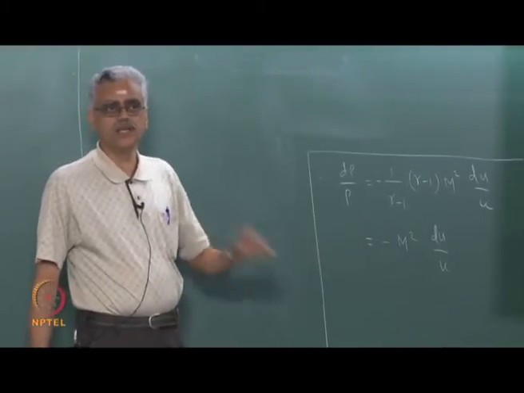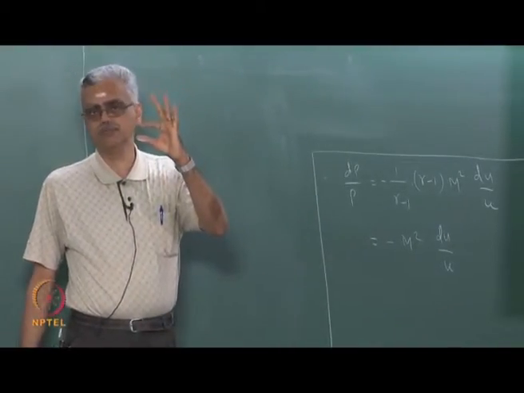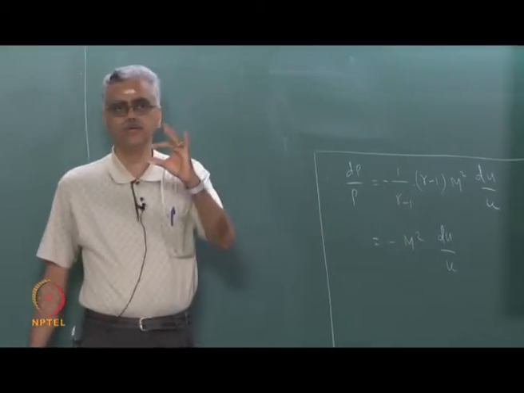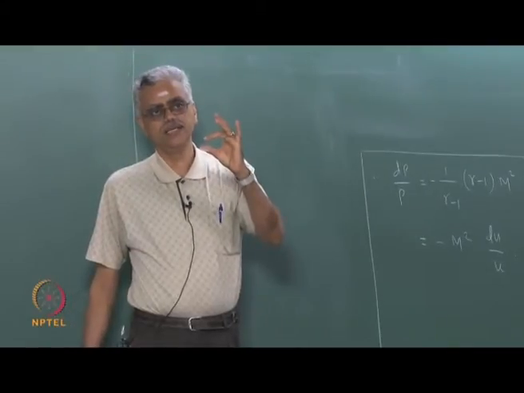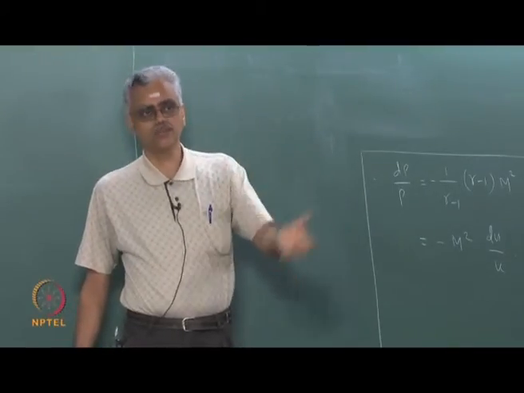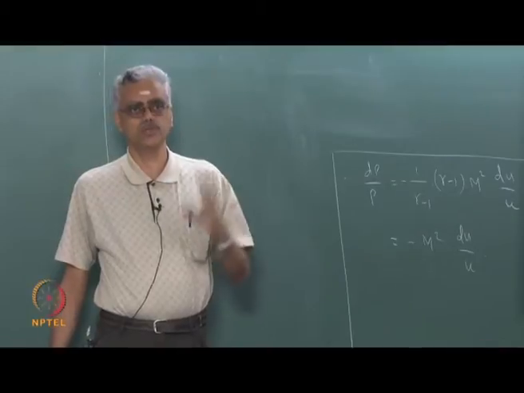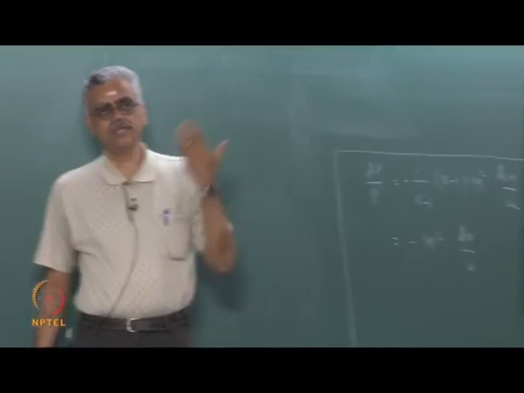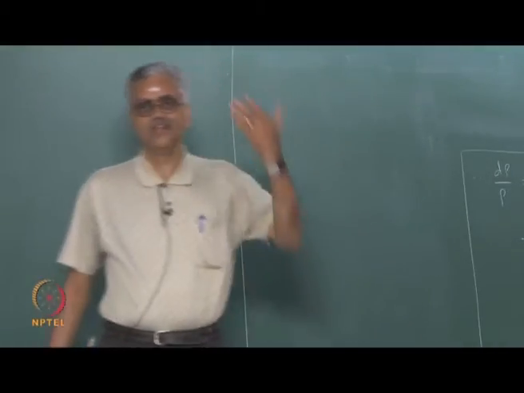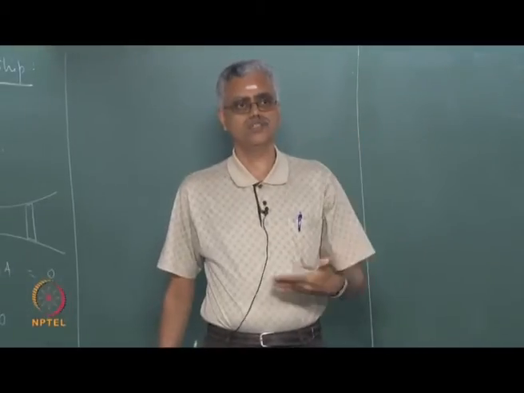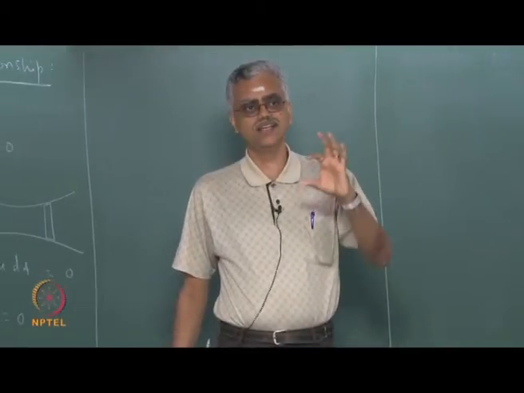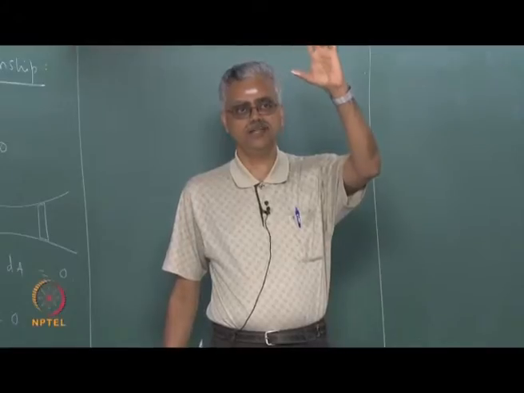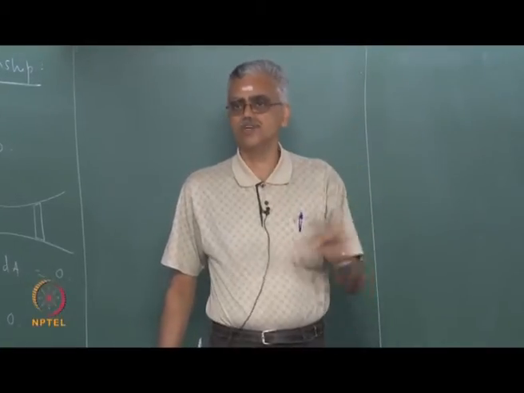What this tells me is that for the same change in velocity, for the same value of du, the change in density is less in the case of subsonic flow and more in the case of supersonic flow. And if you remember in our very first lecture, when we drew lines of v equal to constant on a Ts diagram, we said that the lines are spaced closely for lower temperatures and spaced farther apart for higher temperature. Now, that is what is causing this effect.